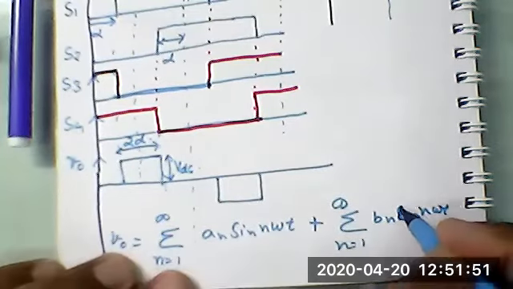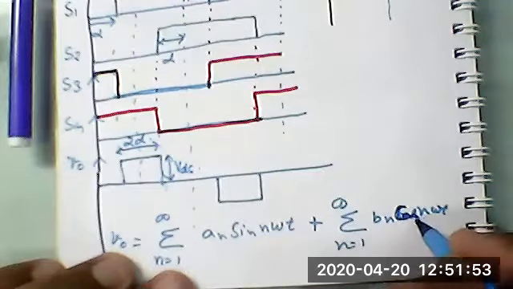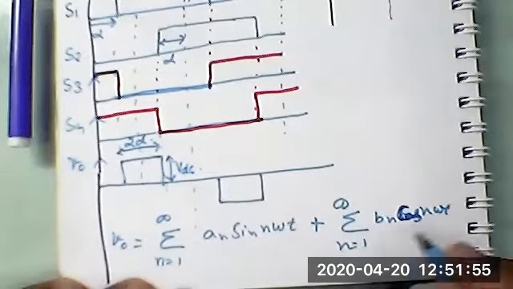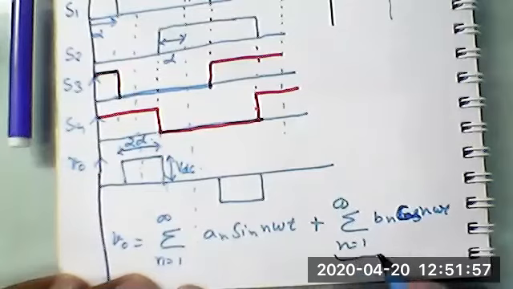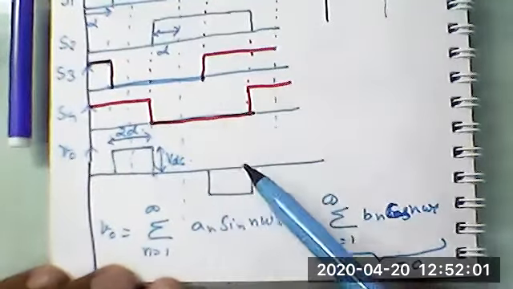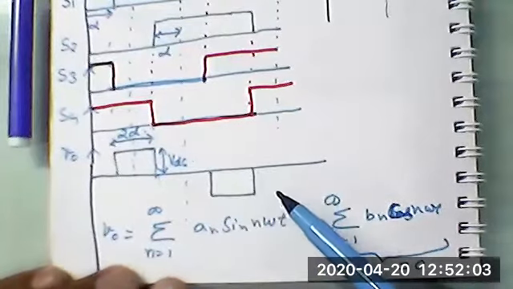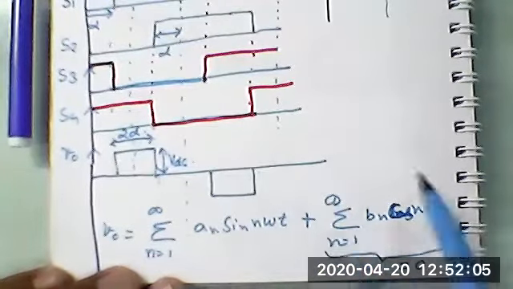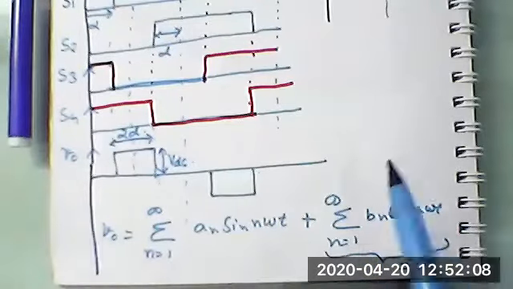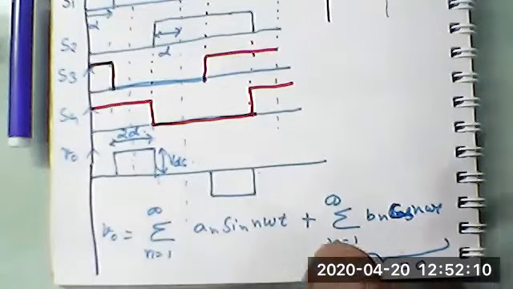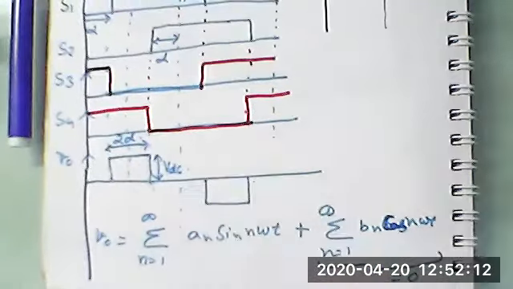Clear? This component is 0. This component is 0 because waveform is symmetric in nature. So all b n, that is even component, would get cancelled out. Only odd component will be there.